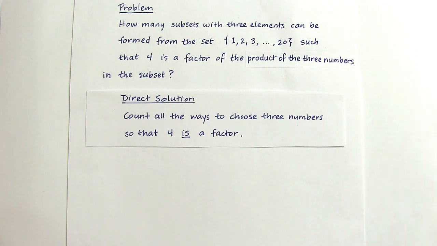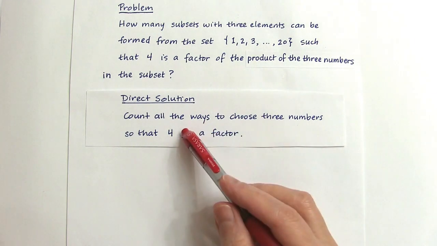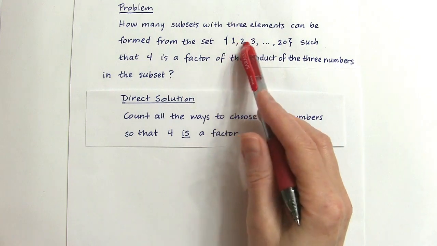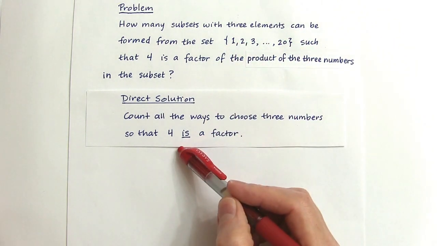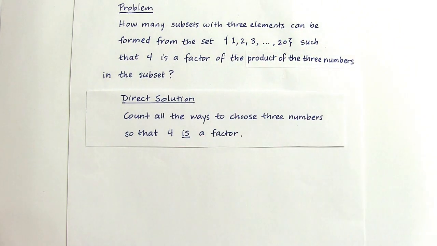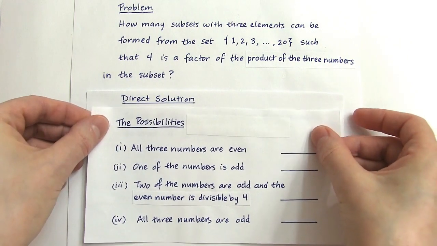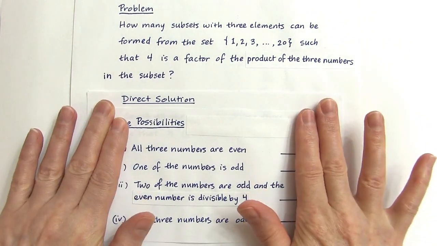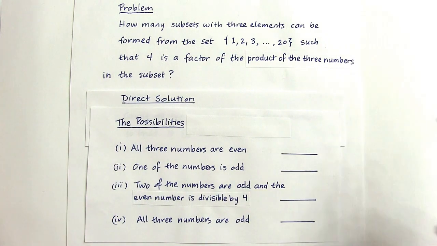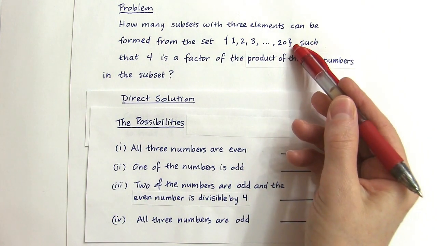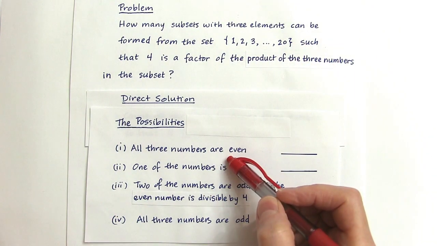For the direct solution method, we want to count all the ways to choose 3 numbers from this set so that 4 is a factor of the product of the 3 numbers. So let's consider all the possibilities, like this. What are all the possibilities that we could choose 3 numbers from this set? Well, all 3 numbers could be even.